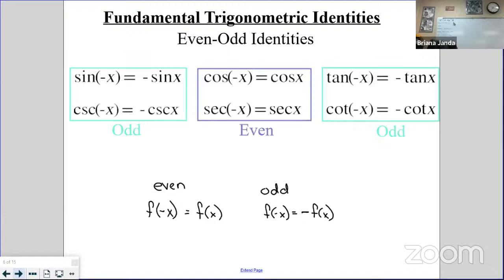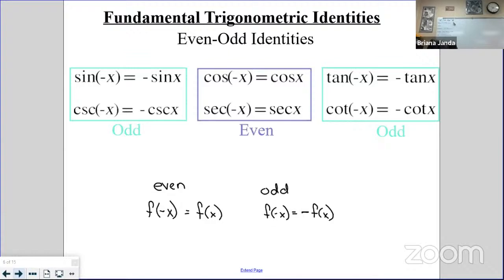What you see up here are the ones circled in the green box: sine and cosecant, tangent and cotangent are all odd functions, meaning if I plug a negative x value into it, the result is a negative cosecant of x or negative sine of x.